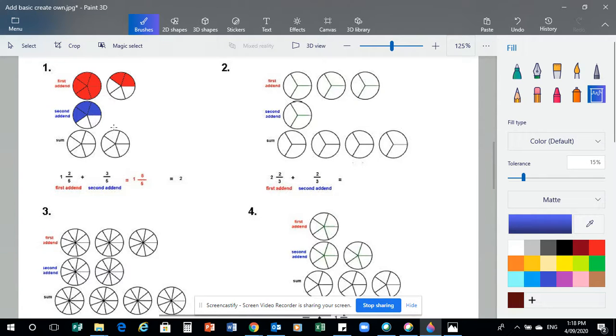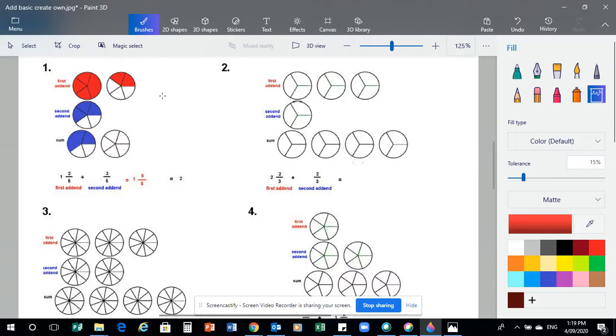All right, and like they did on the other ones, it'd be ideal if you have the colors as well. So we'll do the blue one first because I've got the blue in. So I need to shade in 3/5. So I've got 1, 2, 3. So that is 3/5. So that's this blue one done. Now I need to show the red. Okay, so I'm going to go back to my red.